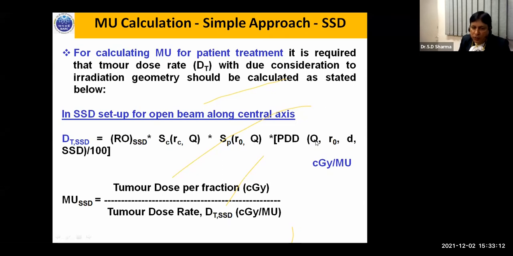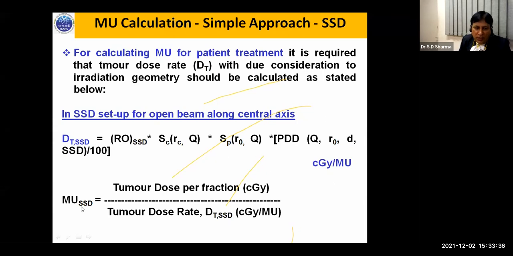For example, if we are using 6 MV X-ray, then this 6 MV is the nominal beam energy Q here. And the SSD of the treatment is ideally the normal treatment distance of 100 centimeter we use. So first we need to calculate tumor dose rate. Once you are through with the calculation of tumor dose rate, then calculation of monitor unit is very easy.